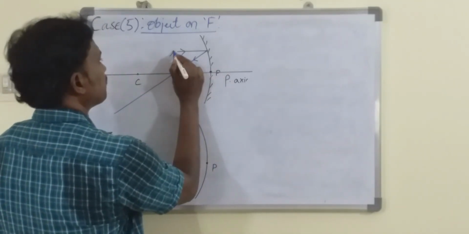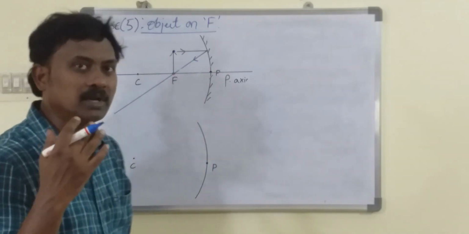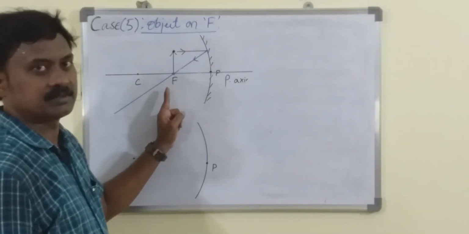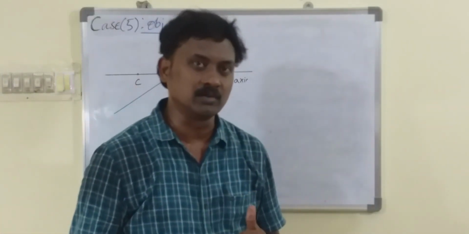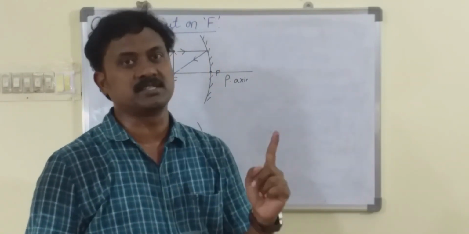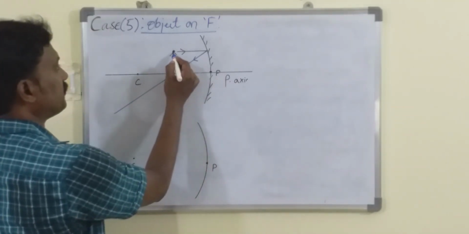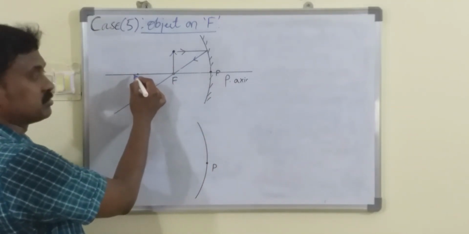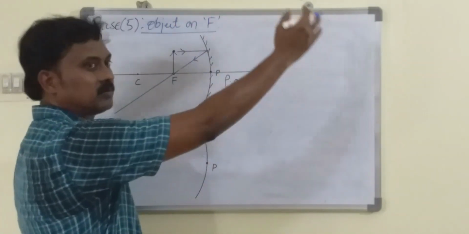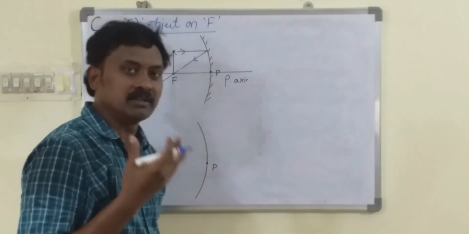From this particular point you have to draw a light ray, but it is already on the focus. So you are going for the third rule, that is, if the light ray is passing through C, it retraces its path. From here, if you draw a light ray passing through C, it is moving in this direction. But we want the light ray to move towards the mirror, then only will we get the reflected light ray.